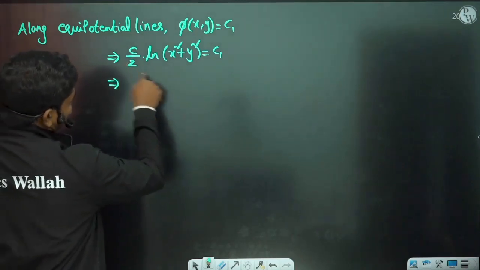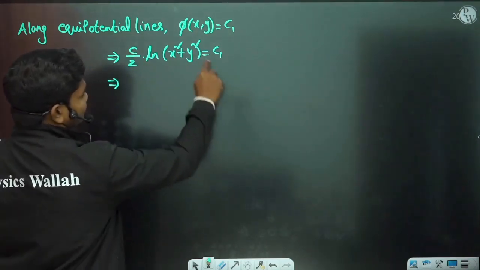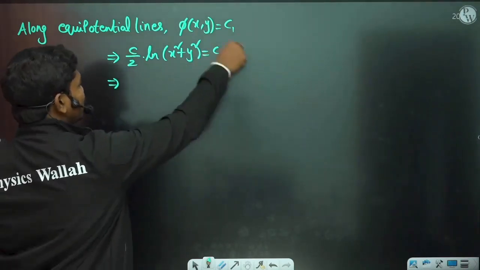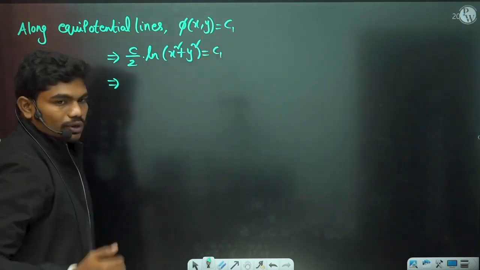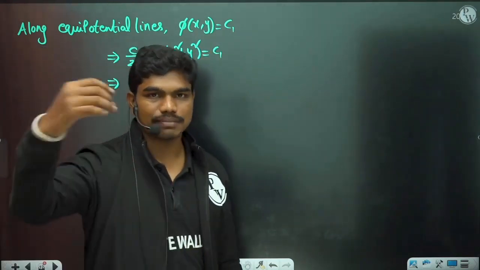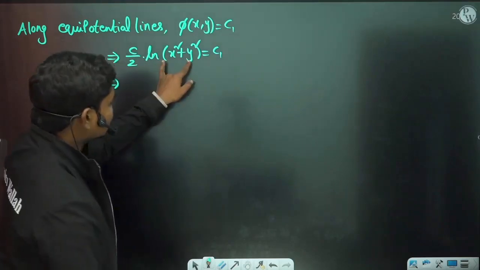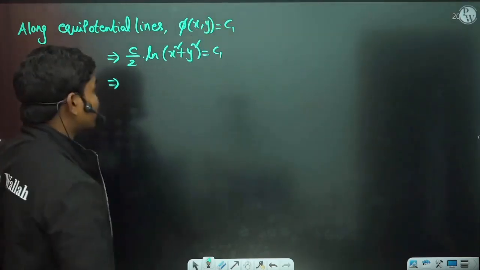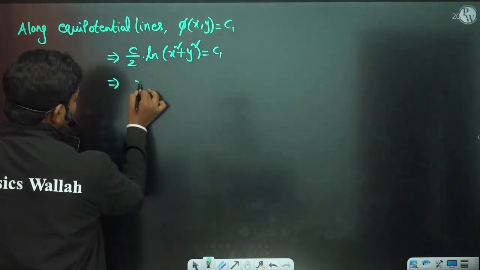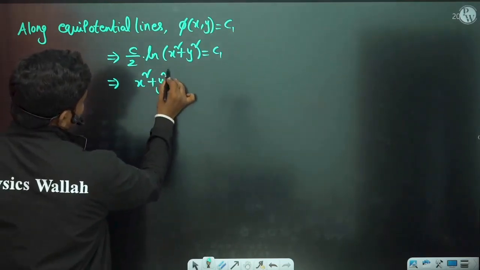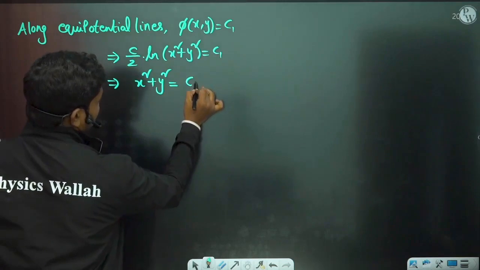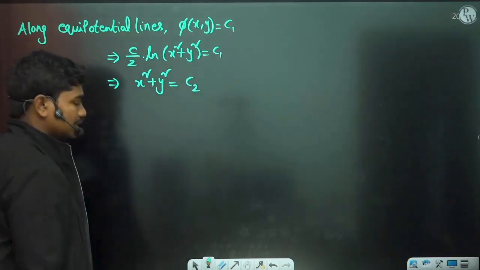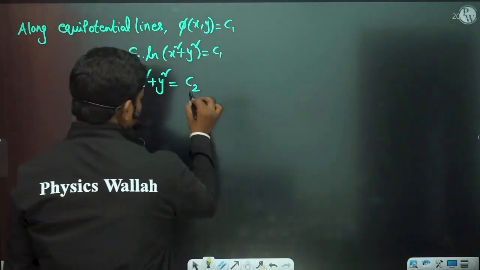So 2 c1 by c will still be some arbitrary constant. So ln of x square plus y square is some arbitrary constant. That means x square plus y square is e power that arbitrary constant, which is again some constant. So x square plus y square can be written as some constant, let us say c2 is an arbitrary constant.